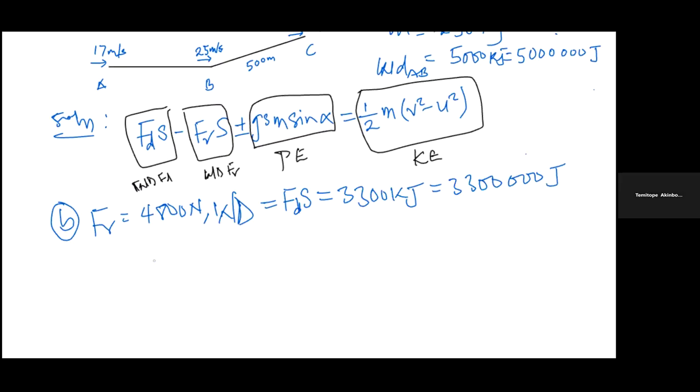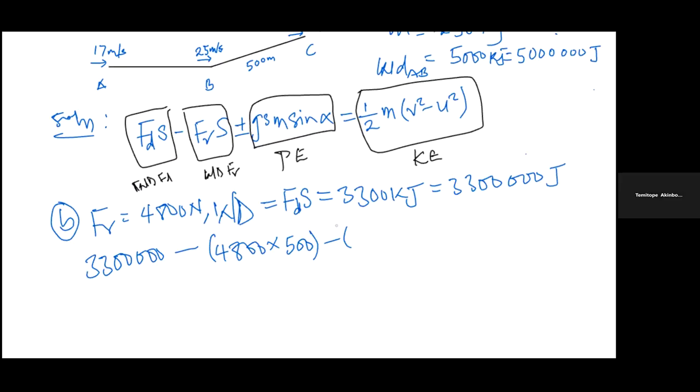Now, using this formula, work done by driving force has been given, 3,300,000, minus work done by frictional force, or resistance, that's 4,800 times the distance from B to C, 500 meters, minus GSM. I've told you that GSM is the same as potential energy. So that will be mgh, because the H aspect of it is the G sign.